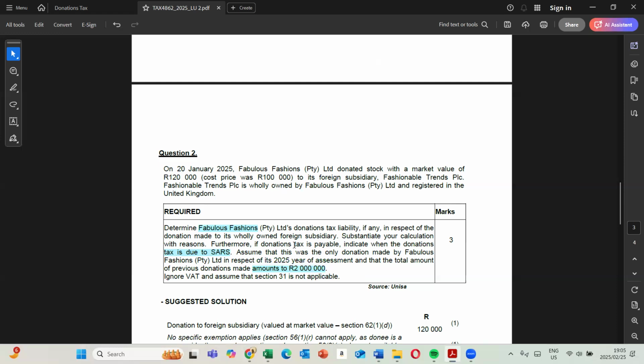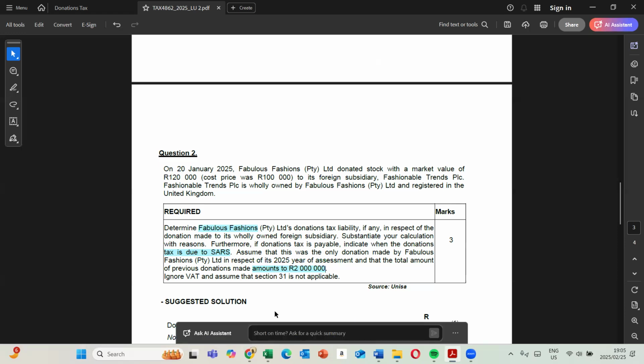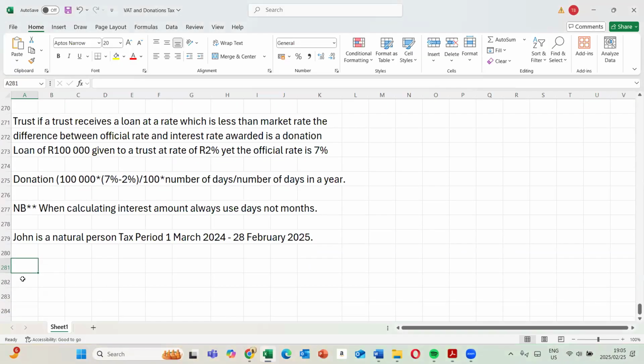Now, before we answer this question, let's look at what's happening in regards to this. When is donations tax due? What did we say? We say donations tax is due at the end of the month following the donation.